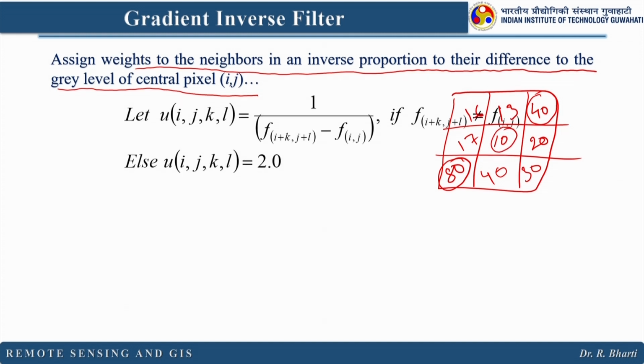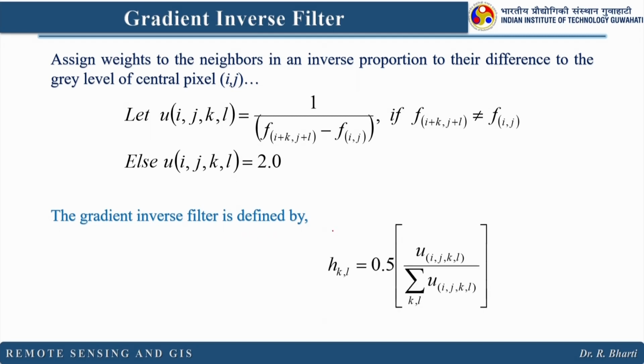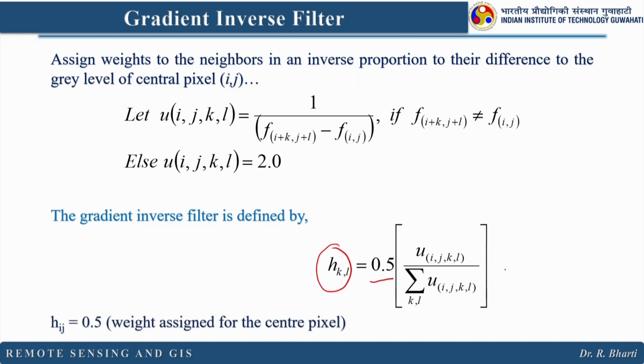So this is the general expression of this gradient inverse filter. The gradient inverse filter is defined by this HKL, where this is 0.5, and 0.5 is the weight assigned for the central pixel, and the rest of the pixels share the remaining 0.5, right.